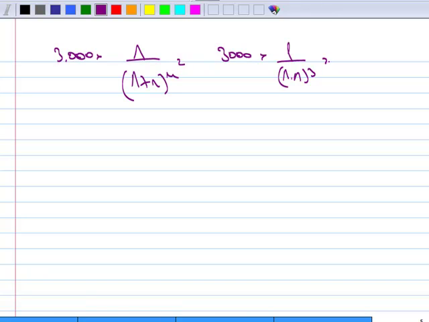Okay, so the 3,000 will be reflected to the power of n. It's going to be 3,000 divided by 1.1 to the power of 3, and that is going to be a value of $2,254 now.